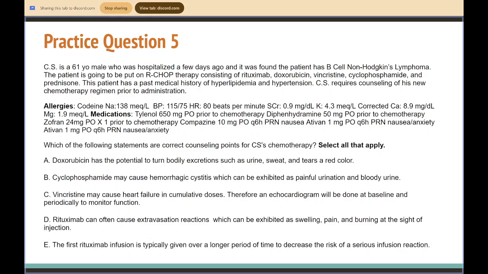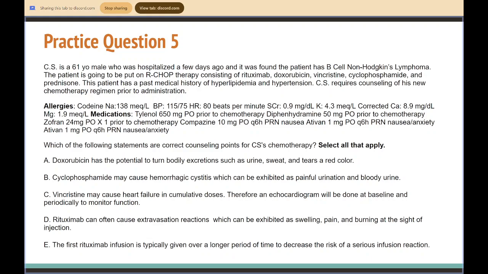This patient has a past medical history of hyperlipidemia and hypertension. The patient requires counseling on his new chemotherapy regimen prior to administration. The allergy is codeine. Labs: sodium is 138, BP is 115 over 75, heart rate is 80, serum creatinine is 0.9 mg per deciliter, potassium is 4.3, corrected calcium is 8.9, magnesium is 1.9. Medications are listed.